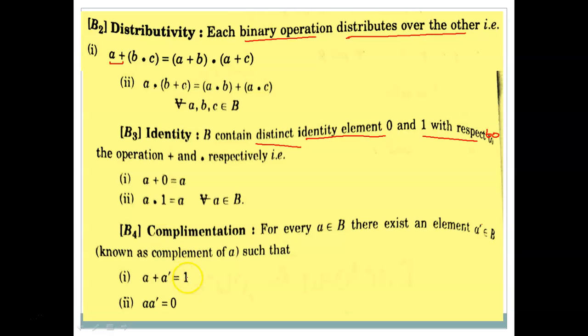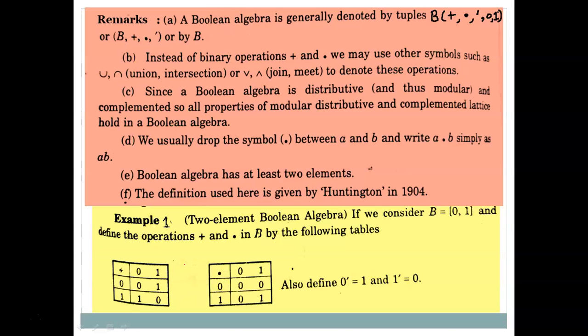In fact, here it will be the maximum element, I can say, and here it will be the minimum element. A dot A dash will be equal to 0. So this is the complement law here.